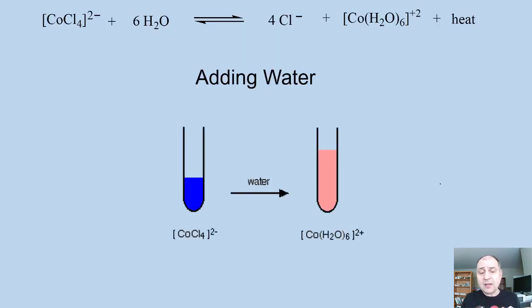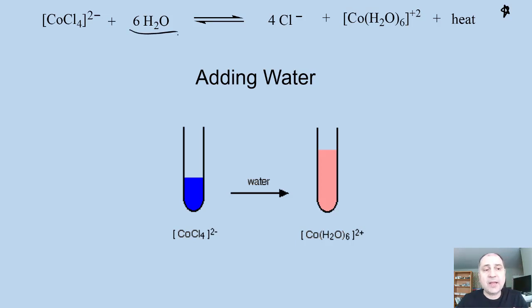So take a look at this reaction. We're going to shift the equilibrium. As I said already, adding a product or a reactant can favor one or the other direction of this equilibrium. If you add water, you're adding a reactant.